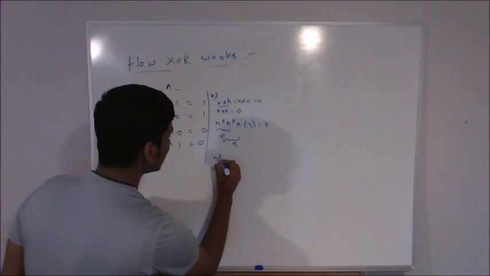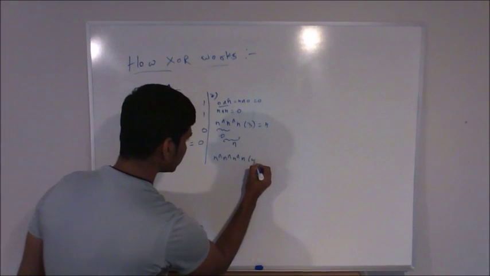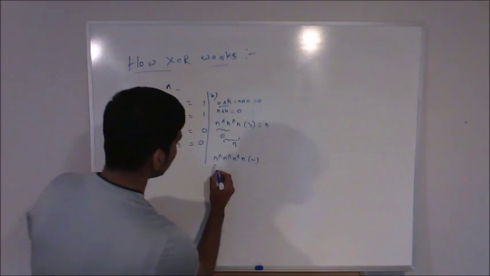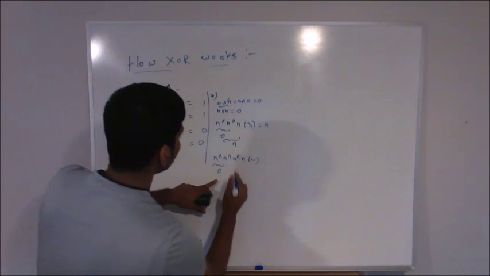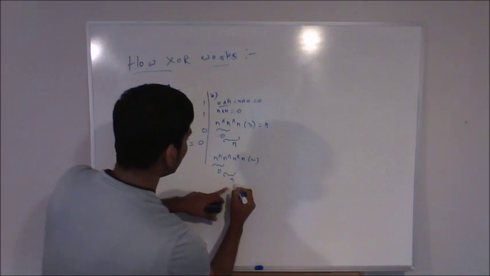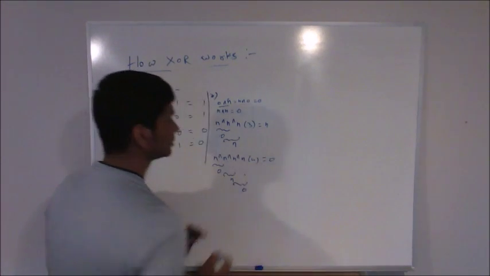Let's try n XOR with n repeated 4 times. What happens? n XOR n gives us 0. 0 XOR n gives us n. n XOR n again gives us 0.